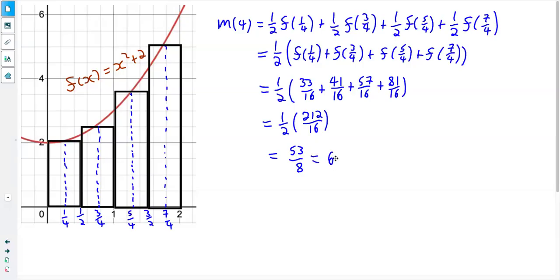And we get 6.625. Now you'll notice this is between our LRAM and RRAM, which will most of the time be the case. Okay, so that's utilizing rectangular approximation.